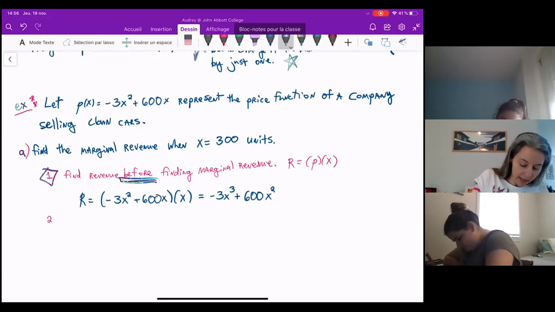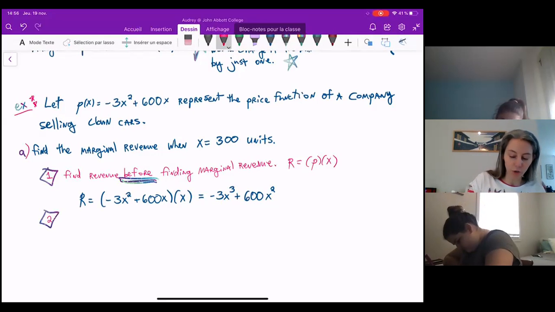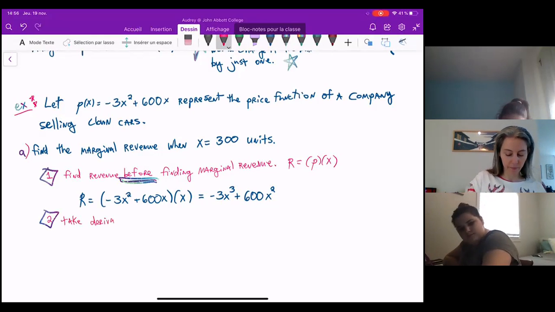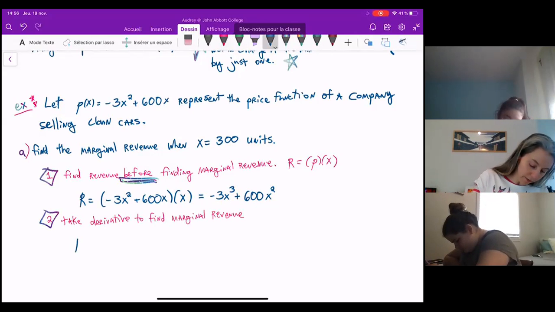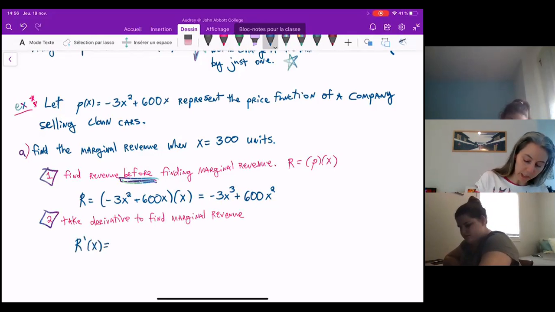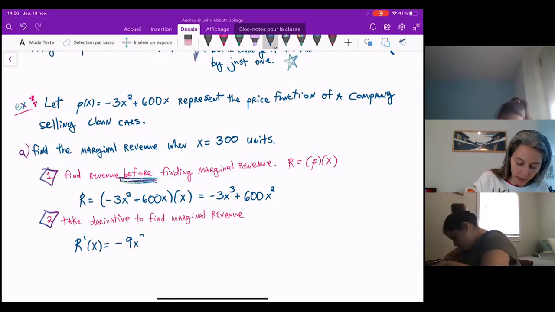Then we're going to take the derivative to find marginal revenue. In this case, our derivative is pretty straightforward because it's just power rules. So I have negative 9x squared plus 1200x.